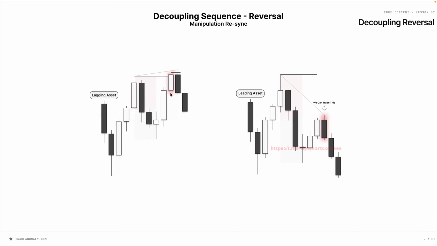So we know that the expansion higher is probably just to resync price and create the SMT, and we can actually trade this asset to these lows. And if you want to trade that lagging asset, we have to wait for this candle to close. Again, that's going to create a PSP, and obviously this PSP is an expansion candle, so it's likely to take out the high to create that two-stage PSP. And that'll resync the market, right?